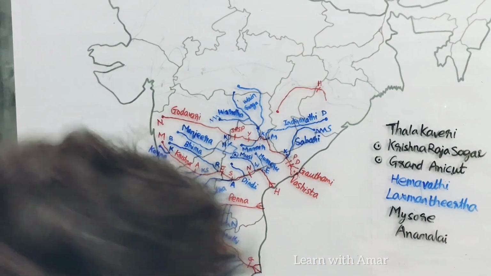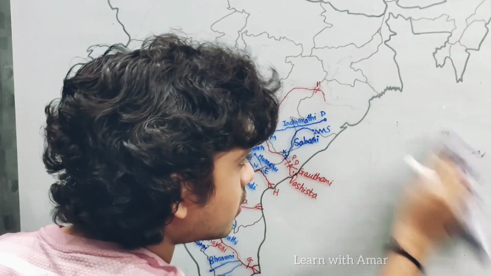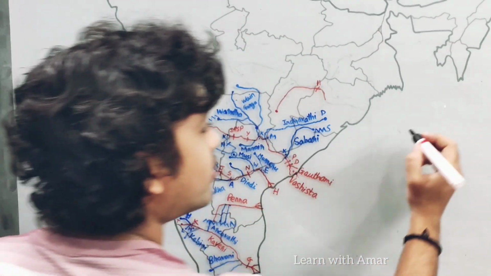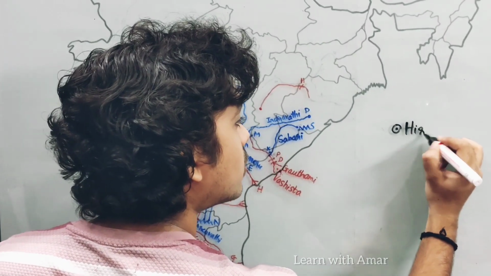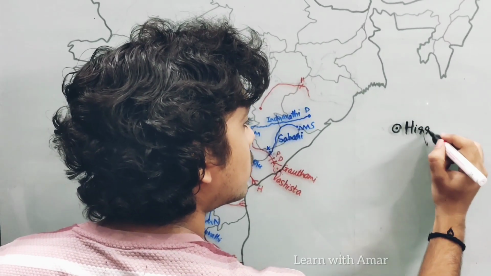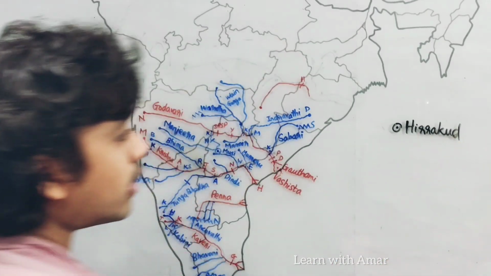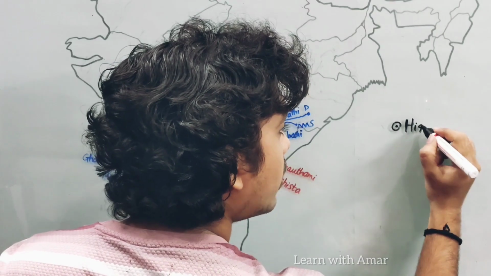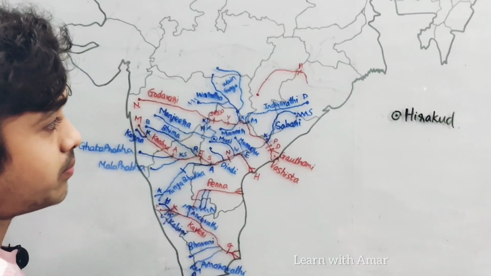So this is about Kaveri. And coming to Mahanadi, we find the dam Hirakud. Hirakud is the longest dam in India.